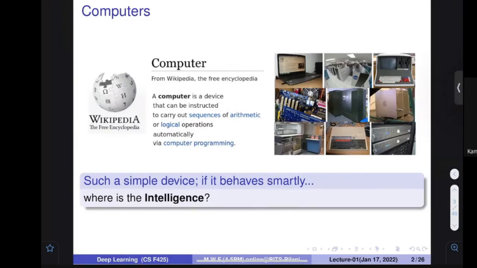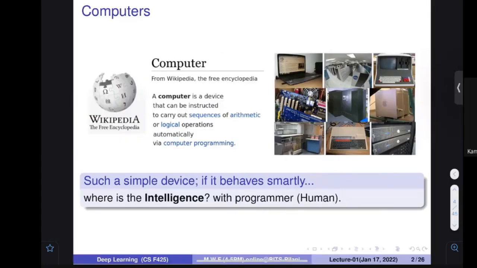Let's assume that I have some computer, and this computer is actually going to behave smartly. So where is the intelligence? How did the intelligence come? If the machine is behaving intelligently, where is the intelligence? Because a computer can only do a sequence of arithmetic and logical operations, how did intelligence come to the computer?